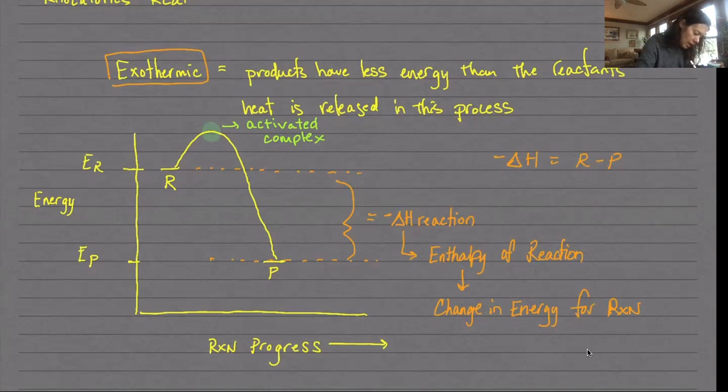And the difference in energy between where I start and the top of the hill, the activated complex, will give me something that we call the activation energy. So in order for this reaction to proceed, it must get over this hill right here. So the activation energy is that energy that must be obtained in order to get over that hill.